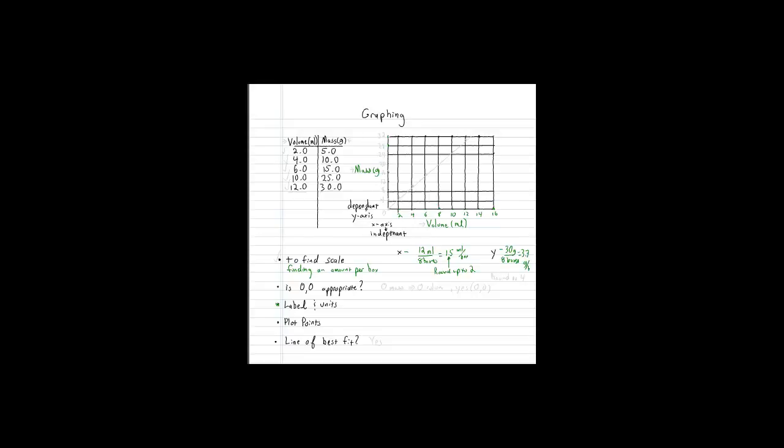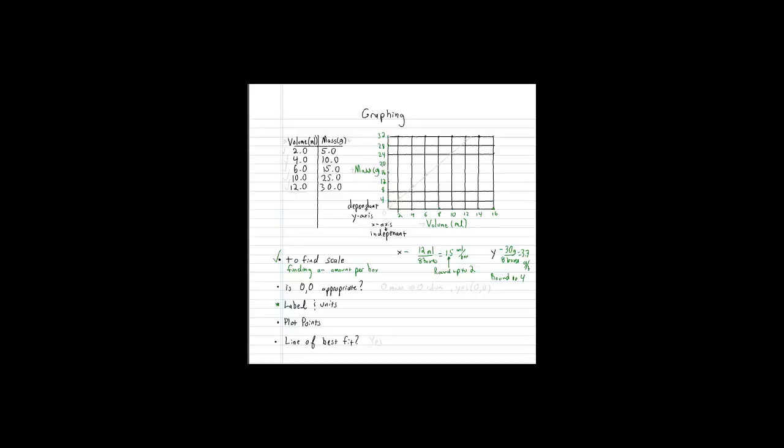And we'll round to 4. So each box is worth 4 grams. So that'll be 4, 8, 12, 16, 20, 24, 28, and 32. So now we're about ready. So we have our appropriate scale, and we're going to be able to fit every single point.